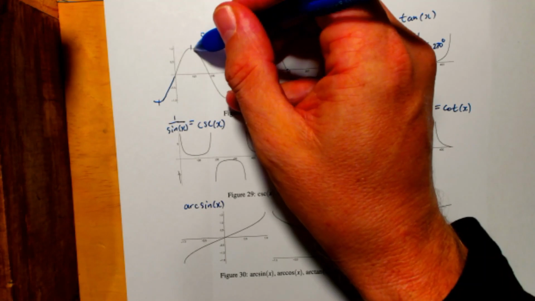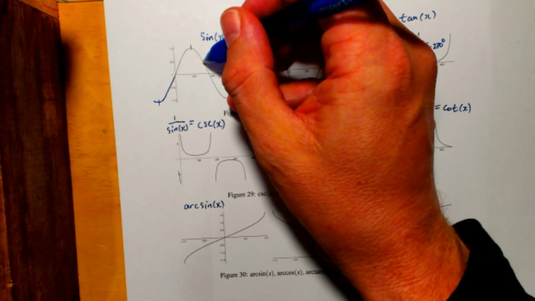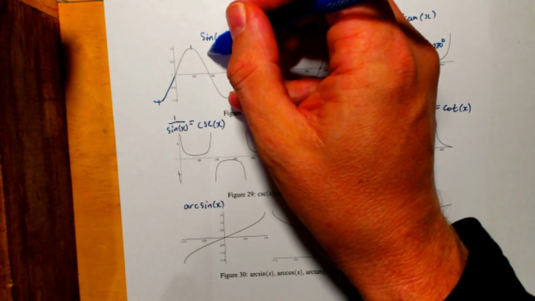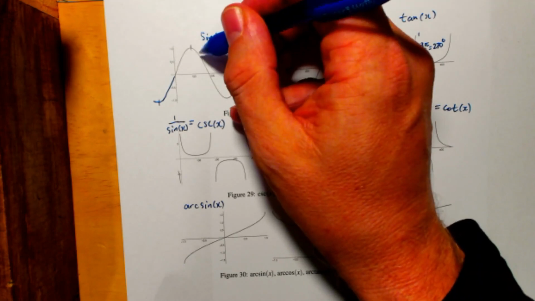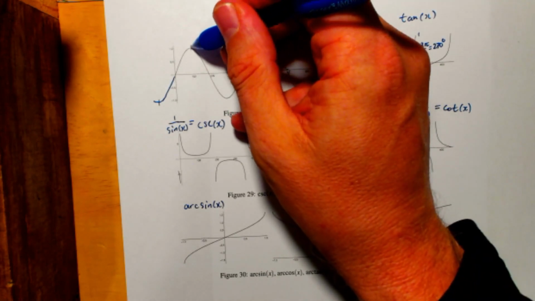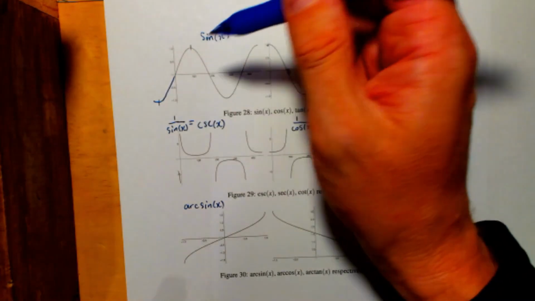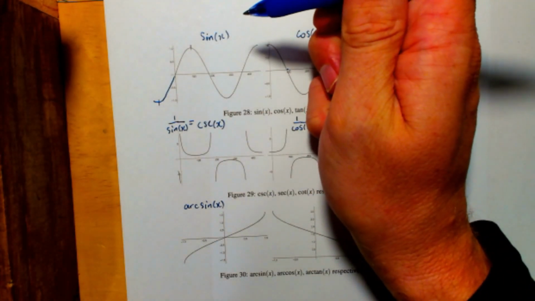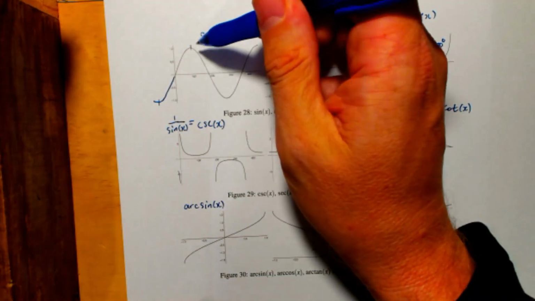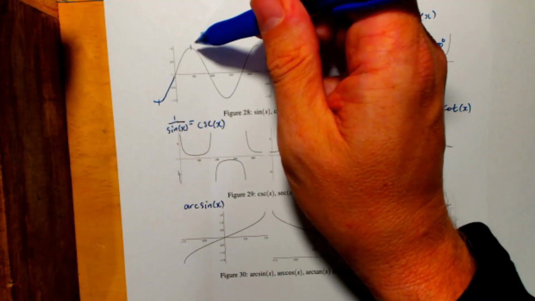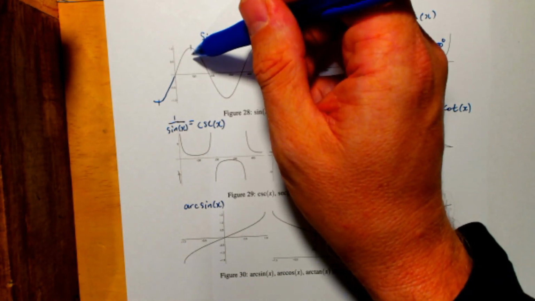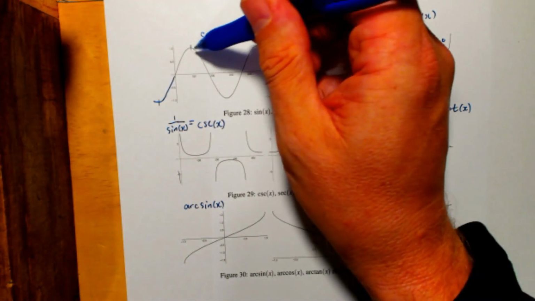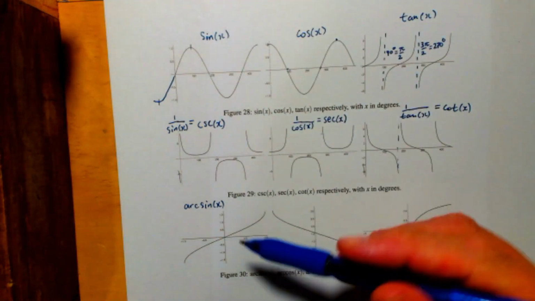So if you carried this on down this far, then a horizontal line would pass through twice through that little bit. So if you want to avoid that horizontal line passing through twice, you consider the region from minus pi on 2 to pi on 2 radians, or minus 90 degrees to 90 degrees, and you reflect this about the line y equals x. And this is what you get, right? You get this plot when you reflect that.